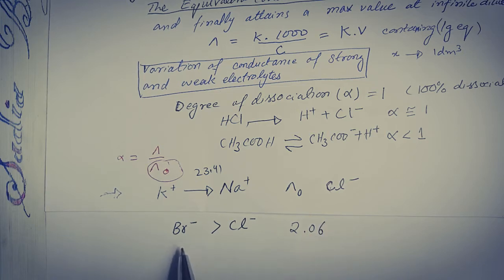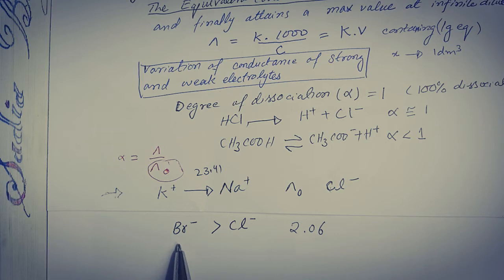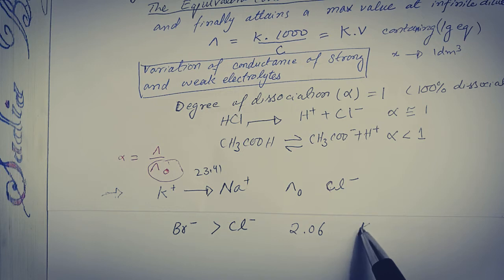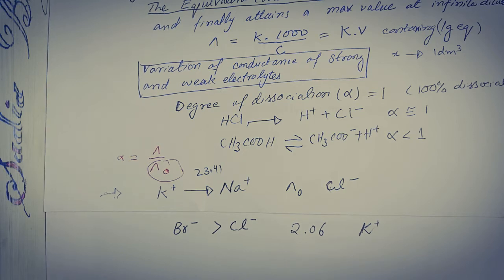So the equivalent conductance of the bromide ion is 2.06 times higher than the chloride ion when keeping the cationic species constant, that can be a potassium or sodium ion. So keeping this experimental information in mind, Kohlrausch law was devised.